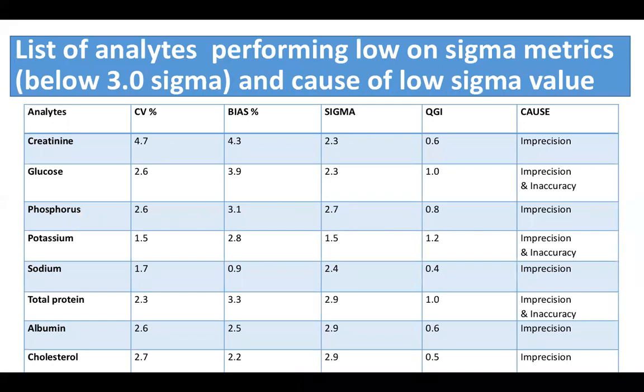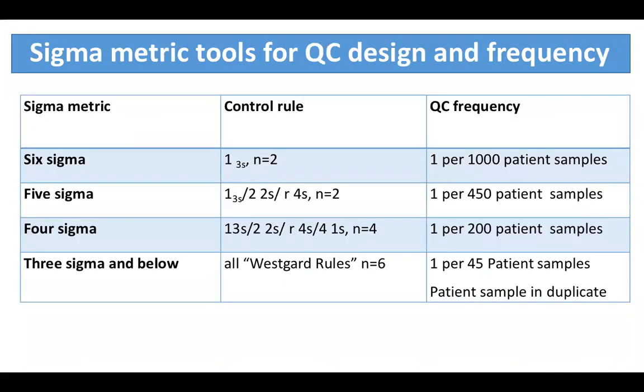So as we discussed, what is the cause? In case of creatinine 2.3, 0.6, there is imprecision. In case of glucose, imprecision as well as inaccuracy. In different analytes where it was less than 3, these were the reasons.